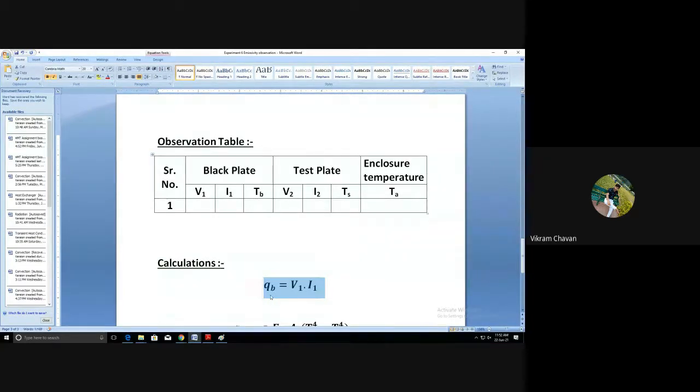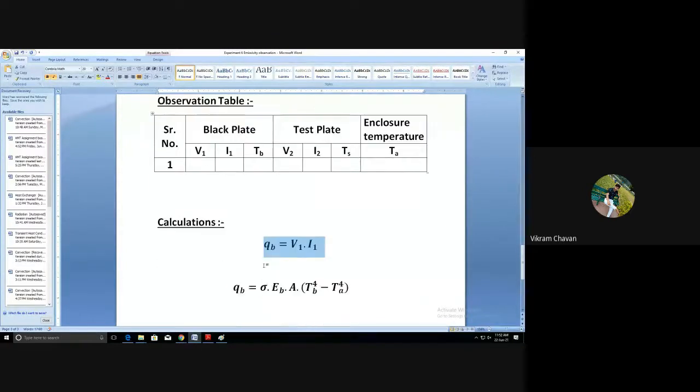And once you calculate Q suffix B, then you can use the Stefan-Boltzmann law, that is nothing but the heat transfer rate per unit area is directly proportional to the temperature difference between the surface and the surrounding. Or we can say that in case of radiation, the radiation energy emitted by the surface per unit area is directly proportional to the absolute temperature of that particular body.